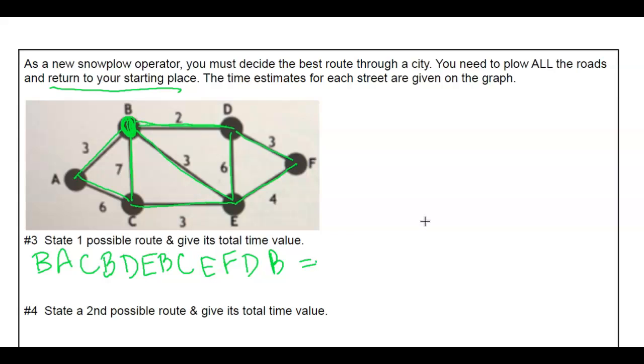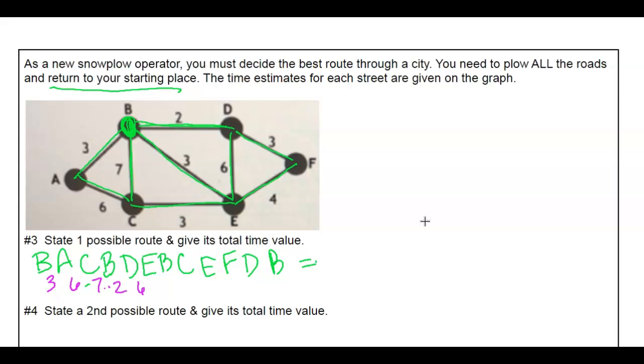All right, I'm just going to use my calculator. So B to A, we've got 3, plus we went to C, 6, plus back to B, 7. I'm just writing it, you don't have to write this for me. So 3, 6, 7. Then I'm going to go to D, so 2. And then E, 6.